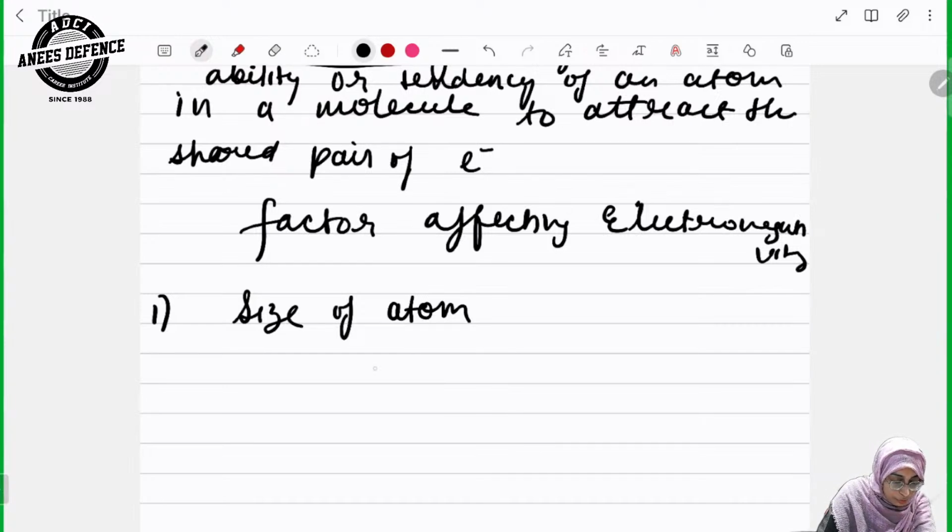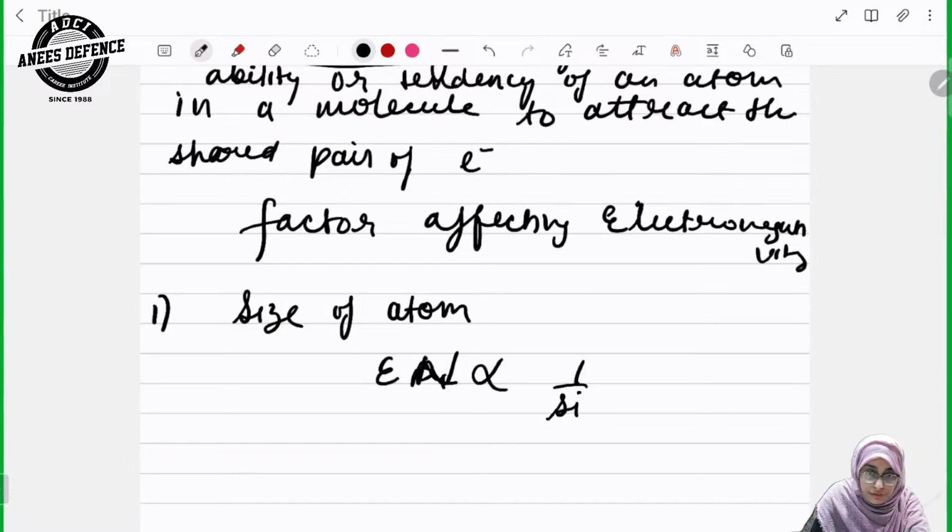Electronegativity is inversely proportional to the size, same as electron affinity. As the size increases, its electronegativity decreases.